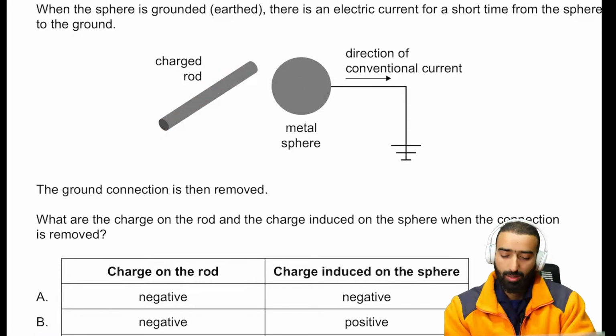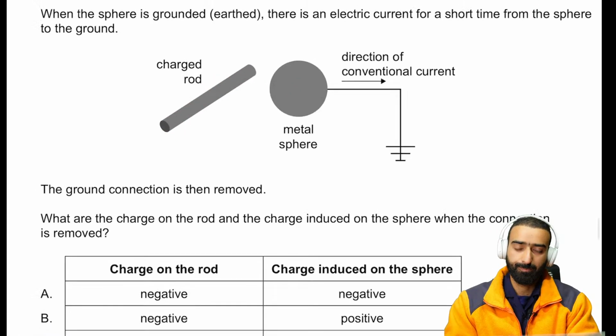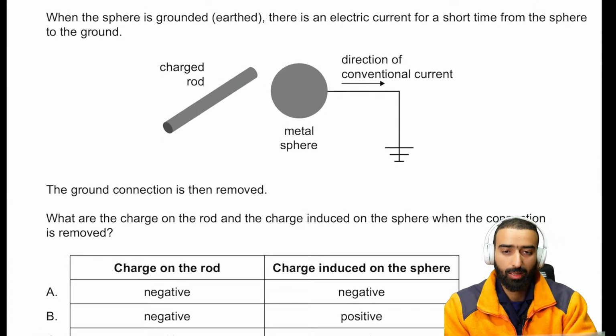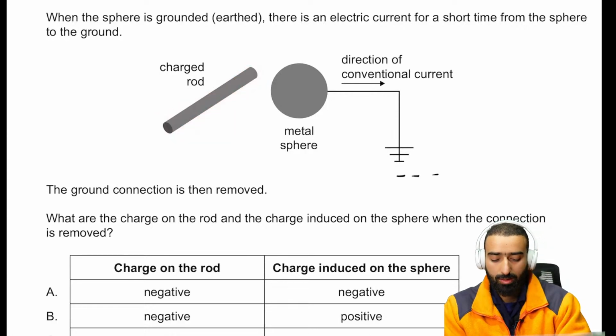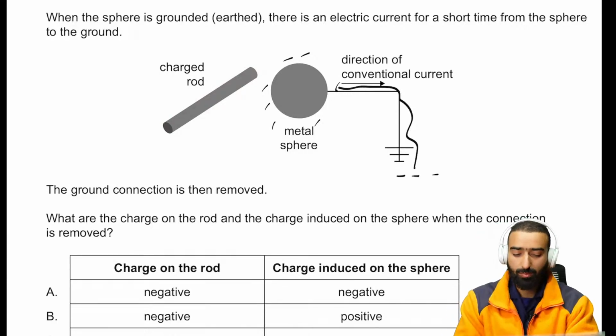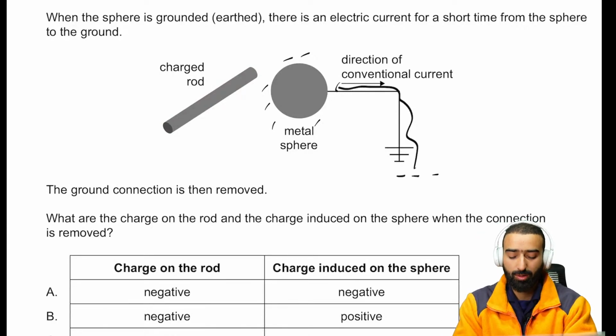So what happens here is the ground, it's full of electrons. It's a sea of electrons. And once you bring this charged rod near the sphere, these electrons begin to flow and charge the metal sphere. There's an electric current from the sphere to the ground.